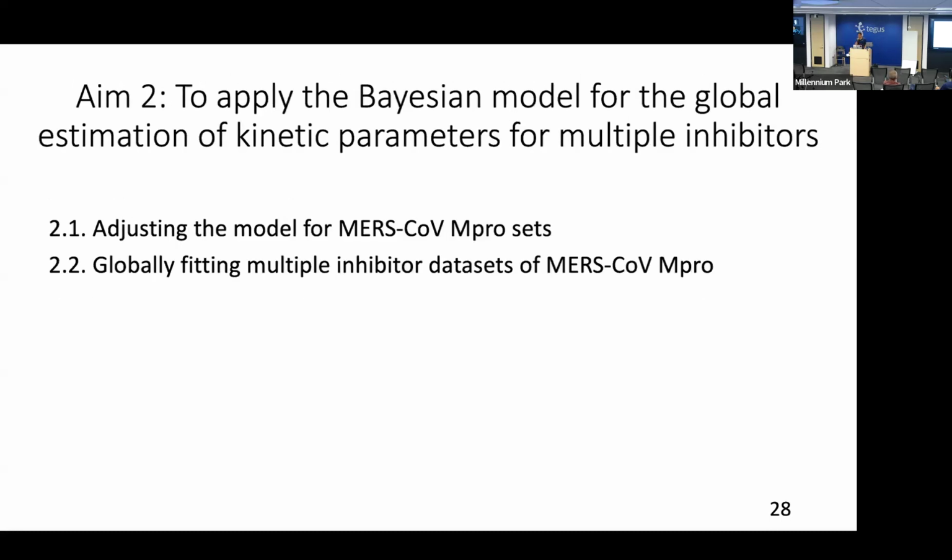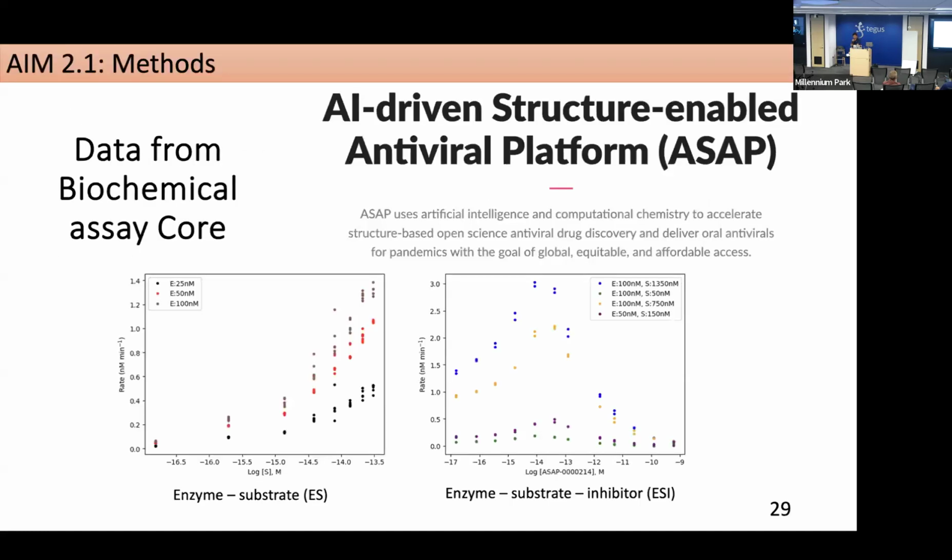And the consortium we're part of is focusing on Middle Eastern respiratory syndrome. They collected these data upon our request, where they changed the concentration of the enzyme or the substrate or the inhibitor. The data on the left are only with enzyme at different concentrations, or substrate at different concentrations.